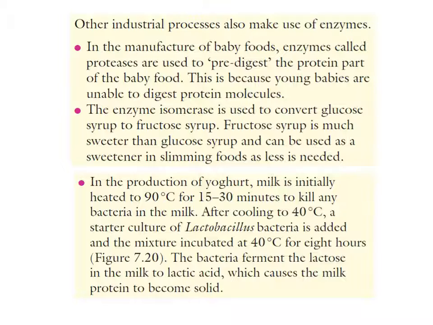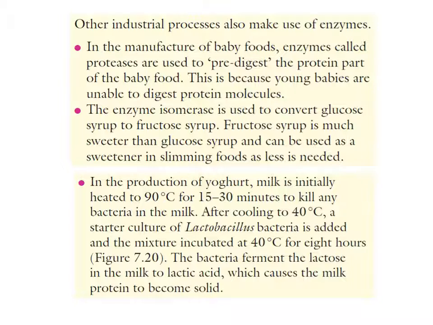Second, the enzyme isomerase is used to convert glucose syrup to fructose syrup, because fructose syrup is much sweeter than glucose syrup and can be used as a sweetener in slimming food as less is needed.